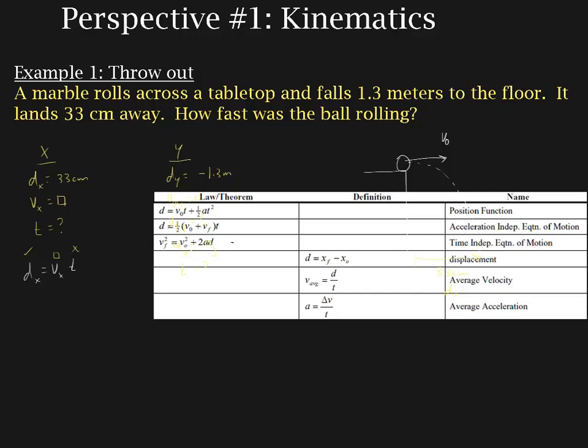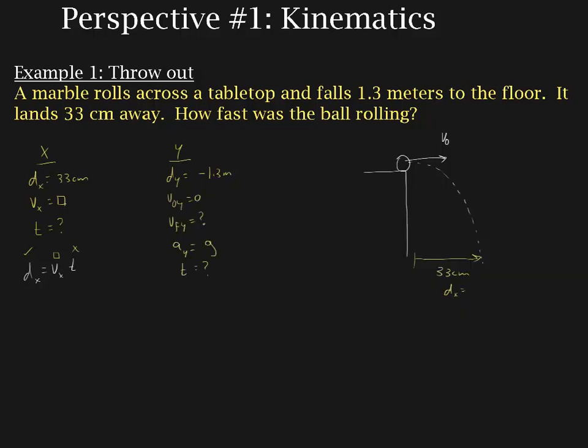So our number one pick here is going to be the position function. We're going to write d is equal to v initial t plus 1/2 at squared. And remember, this is all for the y dimension.